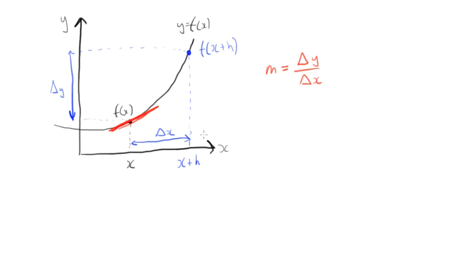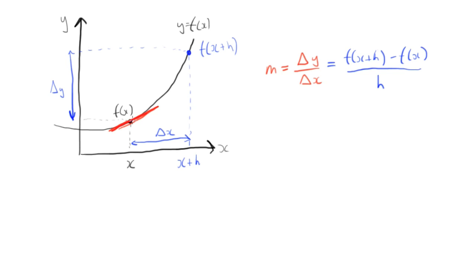So I can approximate delta y by saying that's f of x plus h minus f of x, which is the change in the vertical direction, divided by h, which is the change in the horizontal direction. So that's one way of approximating the gradient.